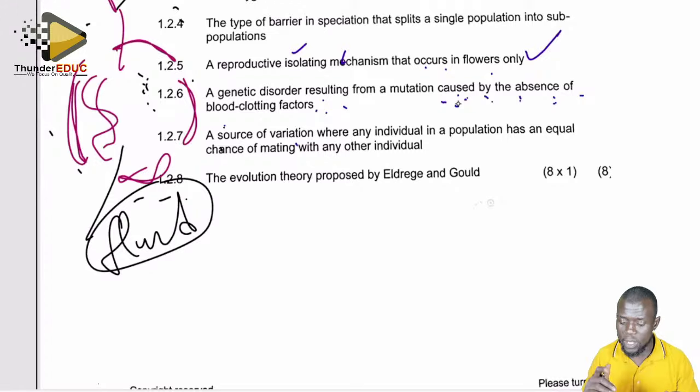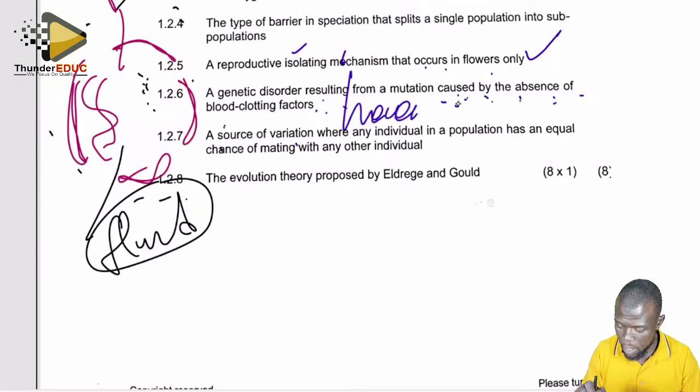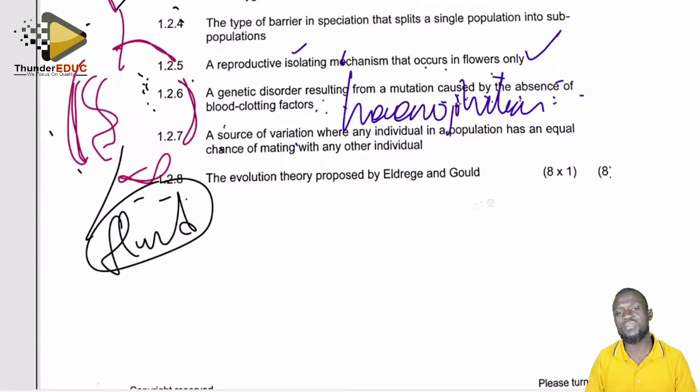When the blood oozes, we call it hemophilia. This is very common in ladies. Did I say in ladies? Remember, hemophilia is caused by a recessive allele. So males are more affected by hemophilia than females. So we mostly find it in the males than in the females.